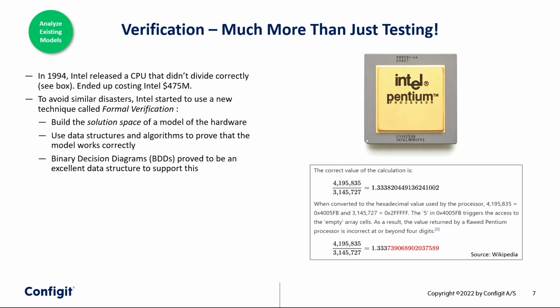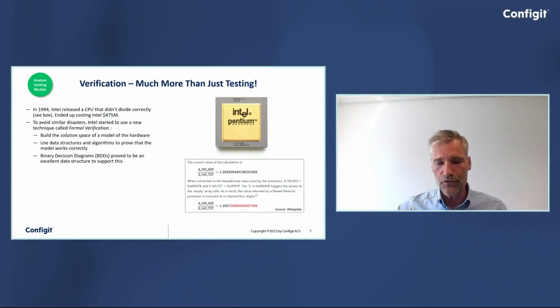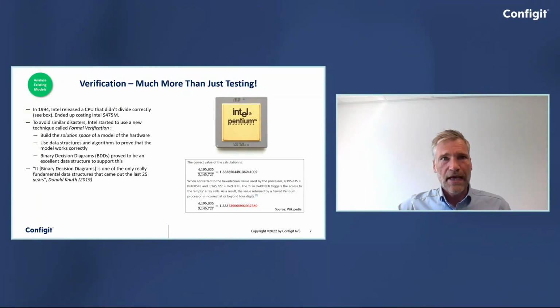And you do it in a clever way, so that you don't have to explicitly run through them, but you can actually check a lot of combinations in a very short time, a few seconds or a few minutes, rather than years. A key enabler for this type of verification was the invention of a new data structure called binary decision diagrams, or BDDs.